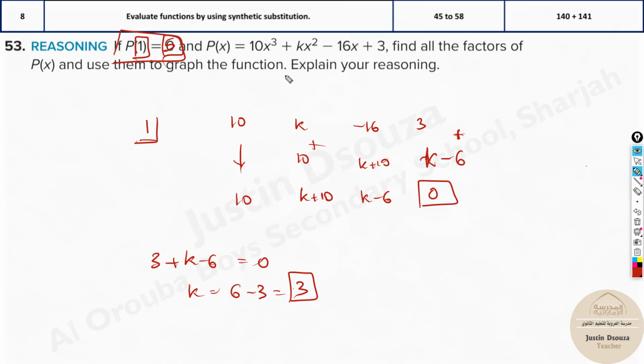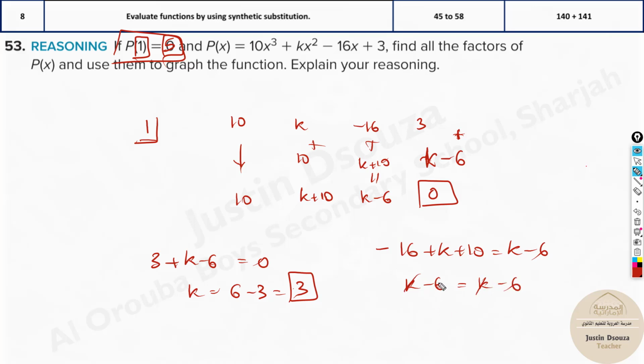Now you can easily solve it in calculator. Over here, if you're thinking, okay, why don't I do this and this over here? Yes, let's try. Minus 16 plus k plus 10 must be equal to k minus 6. So now over here, what happens is, let's solve this up. K minus 6 is equal to k minus 6.